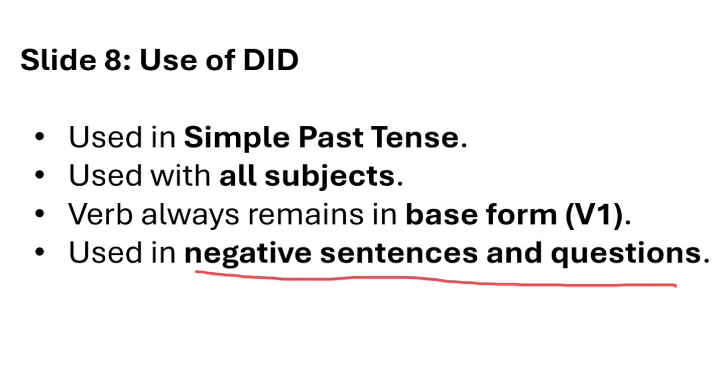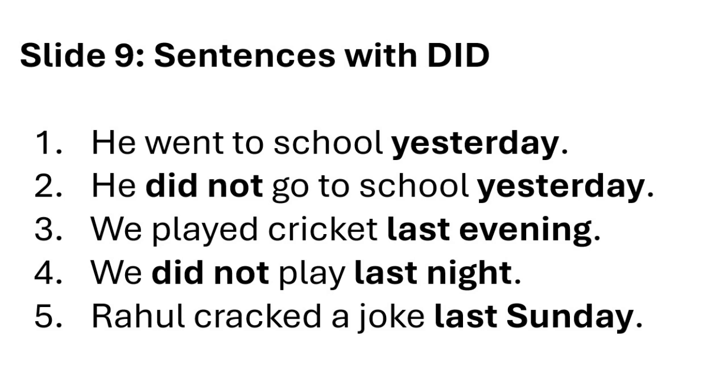Mostly we use did in negative sentences and in questions, as we have seen with do and does. In the same way, did also we use in negatives and questions. Yes, as a main verb also we can use did, but rarely. Most of the times we use it in negative sentences and questions. Now let's see the examples.